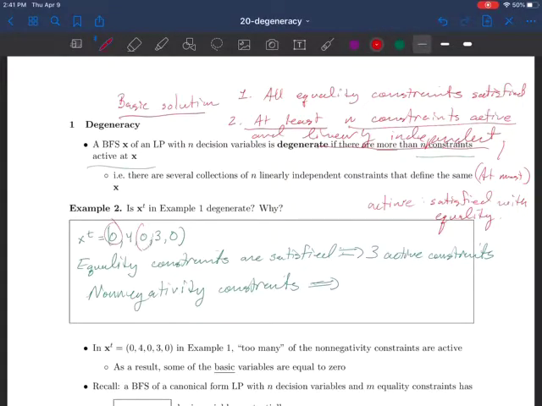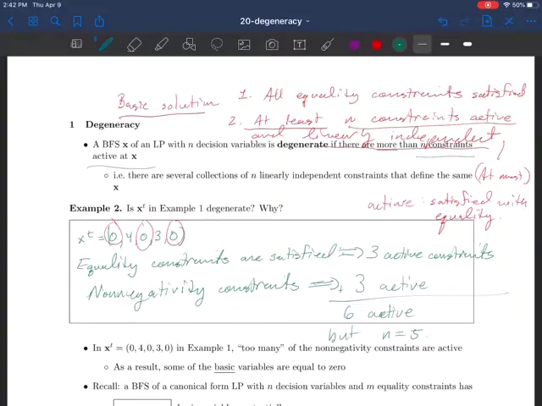Well, we just have to count the number of zeros. There are 3 zeros, right? So that contributes 3 active constraints. So the total here is 6 active. But n equals 5. So yes, this is degenerate.